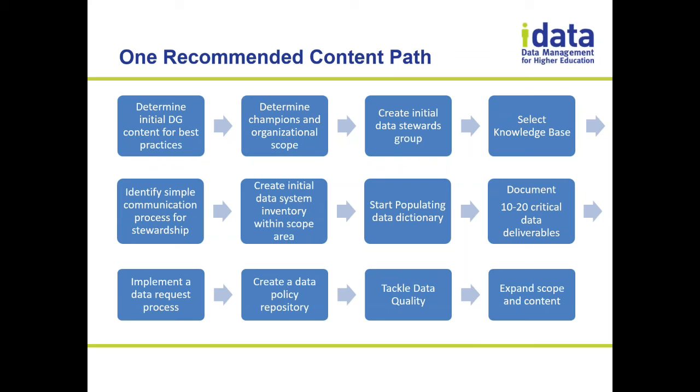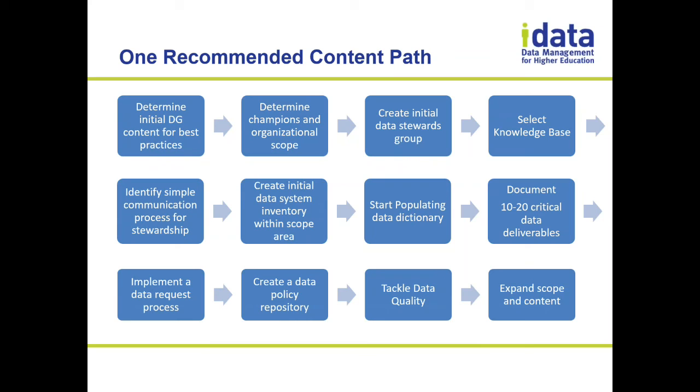Once you have that built, then think about implementing a data request process, because there are better models and focuses in there. Then you might want to create the data policy repository, so create those policies. Now you may choose to put policy first if that's what you've decided is your prioritization. But I think creating the inventory and having this information, and then creating a policy that you can apply to that inventory, works better. Like I mentioned, GDPR and privacy.